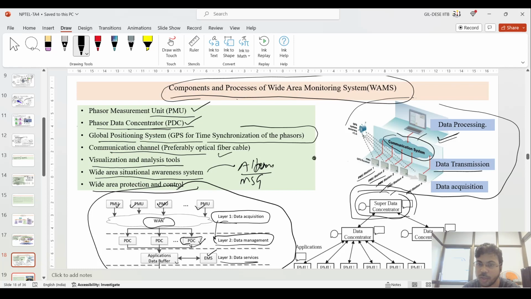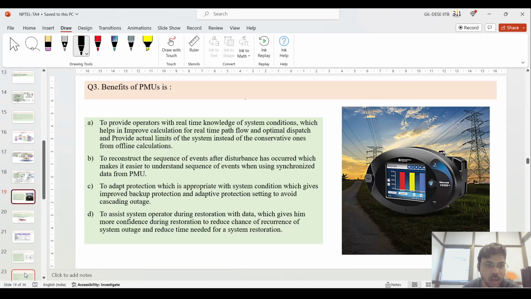And this super data concentrator is also there, which is an upper node of the data concentrator, because super data means it has high storage facility which takes all the PMU data and collects it. Then PMU1 has a local concentrator, that is a data concentrator at a local level. Then it is connected further with the super data concentrator, SDC.